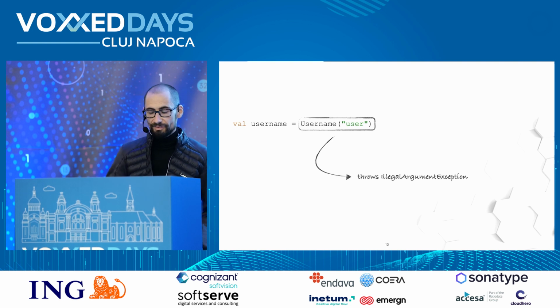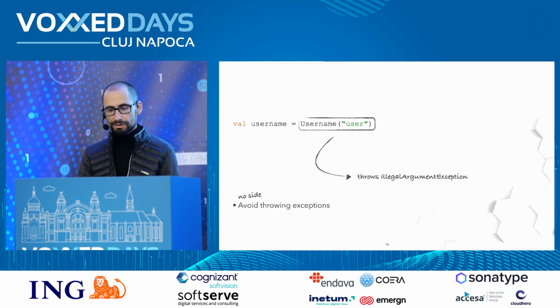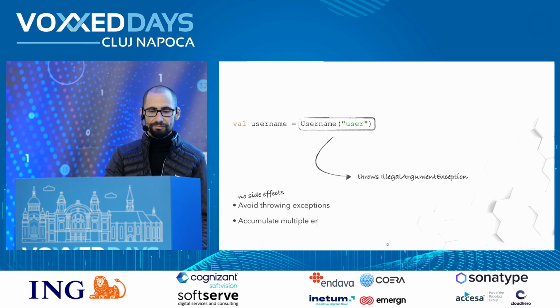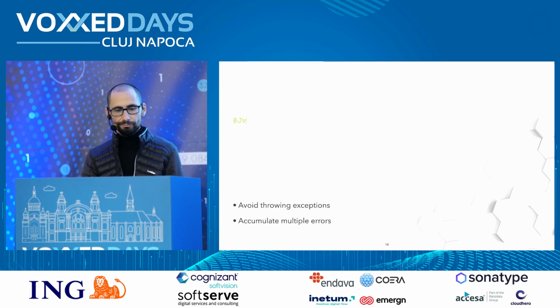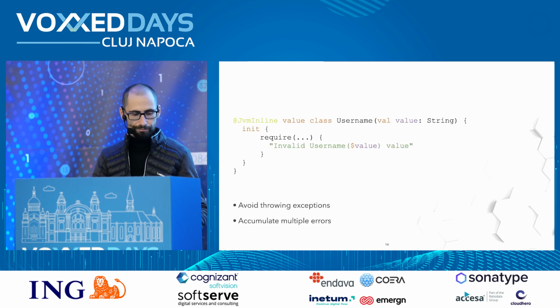It's going to be very difficult. So again, we're going to avoid throwing exceptions because we want no side effects. And we also want to accumulate multiple errors. There is something that we can use in order to fix these things.